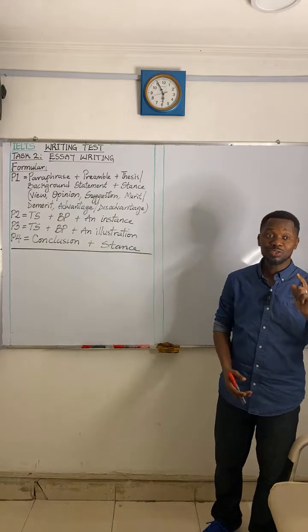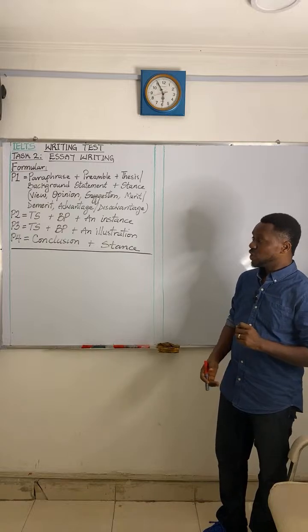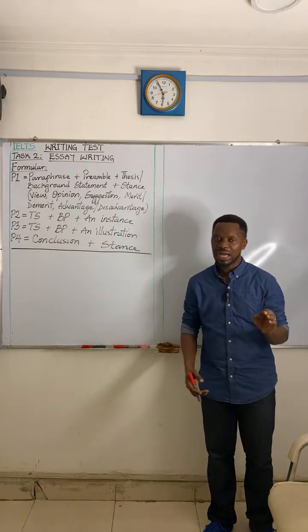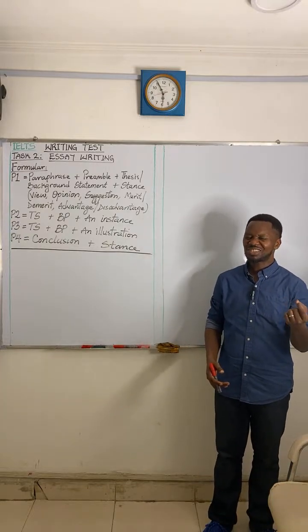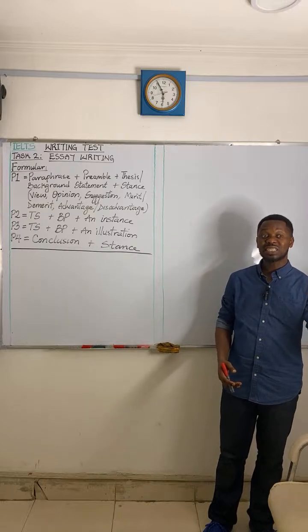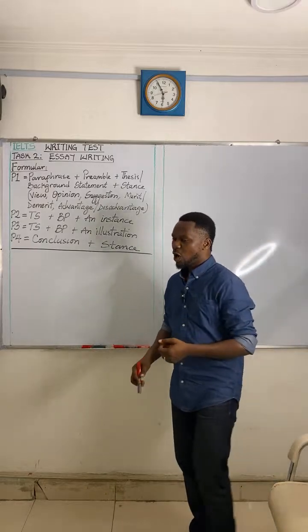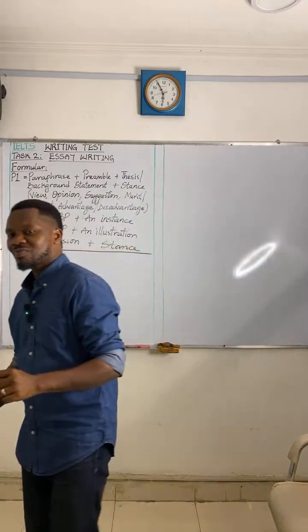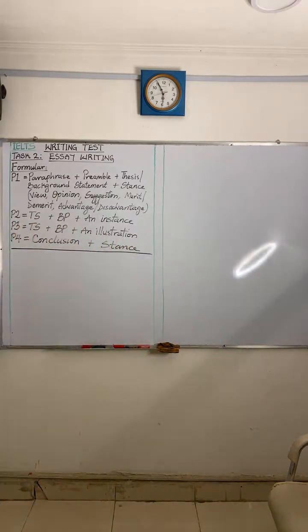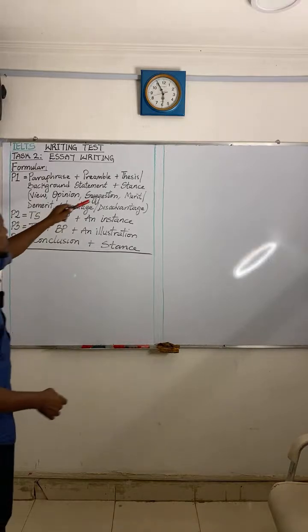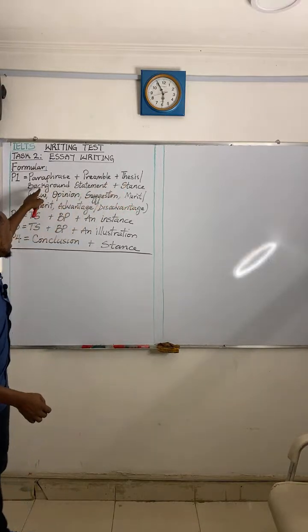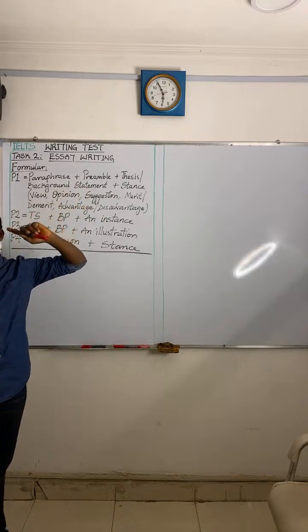That's what preamble does for you. With your preamble, an examiner can actually predict your level of intelligence and understanding of the issue raised in the question. So after the preamble, you then go into what we call the thesis or the background statement.